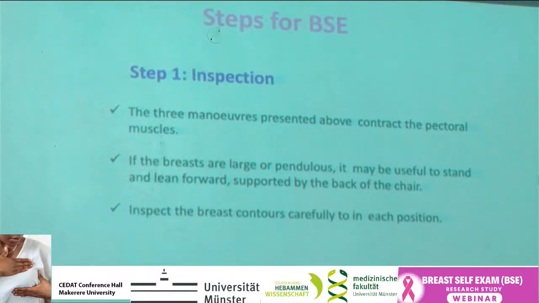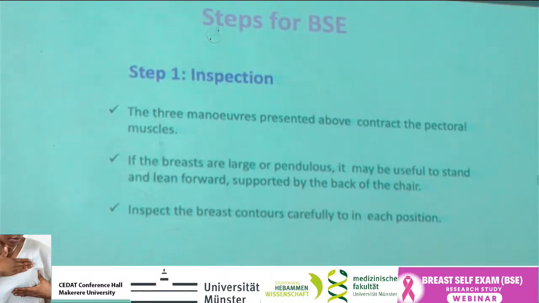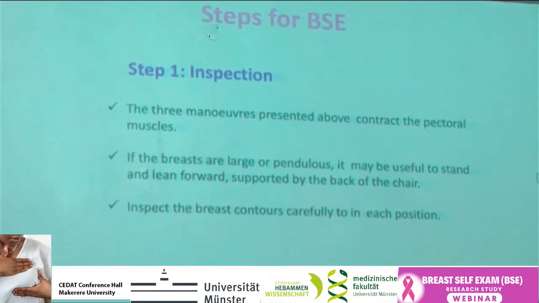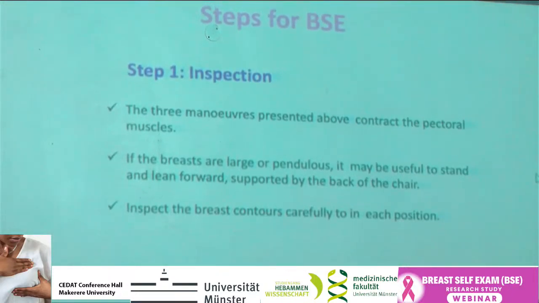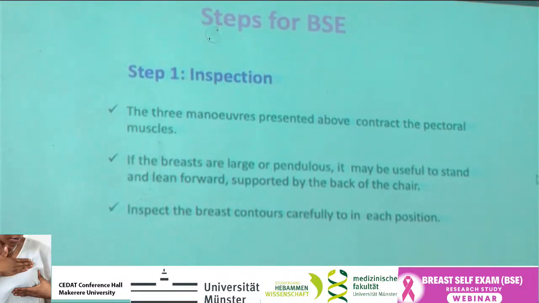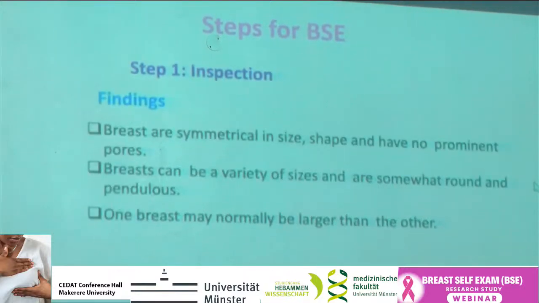If the breasts are large or pendulous, it may be useful to stand or lean forward, supported by the back of your chair. Inspect the breast contours carefully in each position.